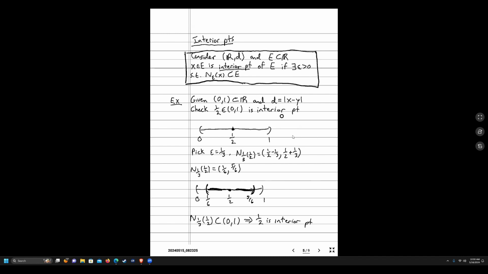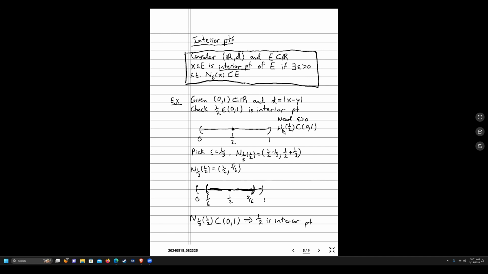So what I need is to produce some epsilon bigger than 0 such that the epsilon neighborhood around my center point, 1/2, is contained in 0 to 1. Well, here I could pick epsilon to be 1/3.